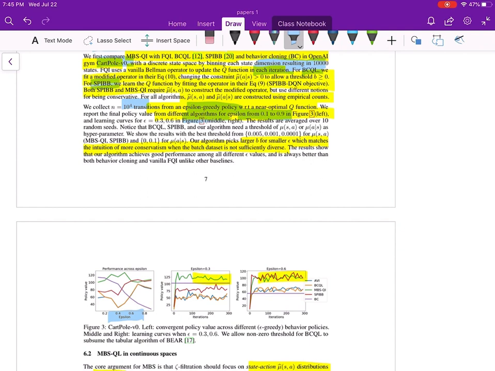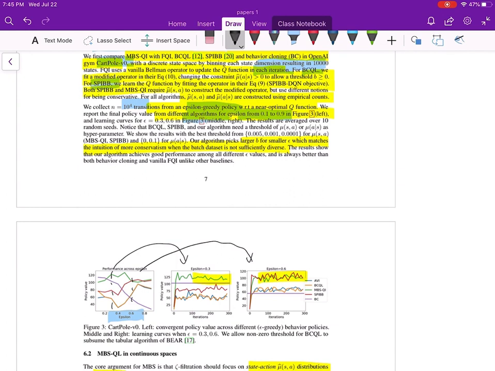So this is just the dataset policy, and for epsilon 0.3 this is the policy, for epsilon 0.6 this is the policy. Corresponding to these, this is a figure.